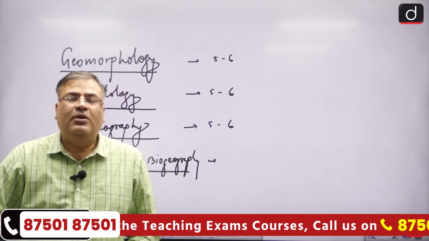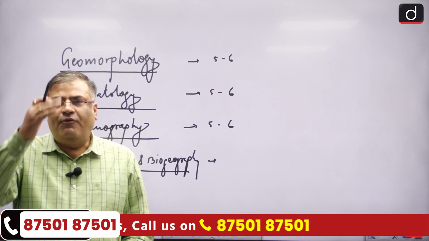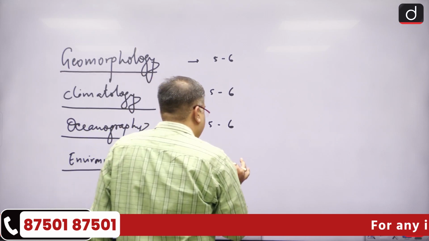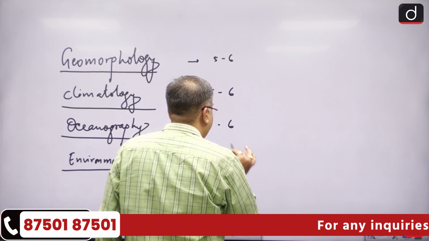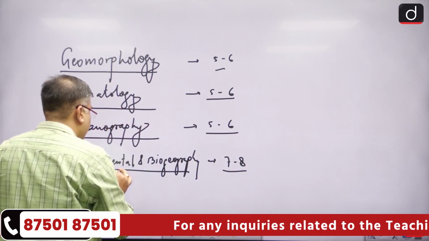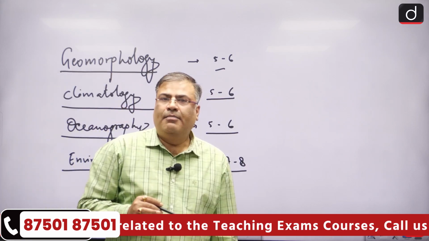Some years they do not ask any question from a certain topic. So if we follow this pattern, then we find that from this part there are around 7 to 8 questions, 5 to 6 plus more, because two aspects are added into this, environmental geography and biogeography.